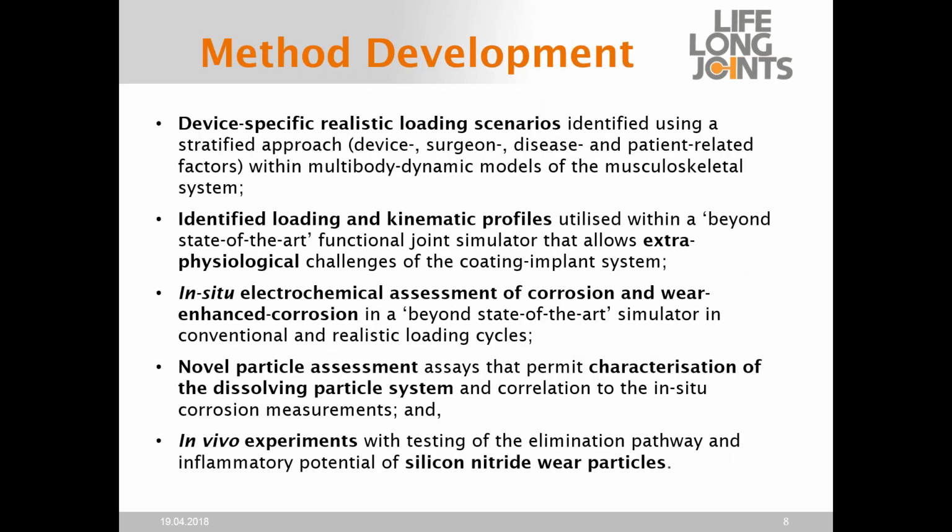So as well as being a coating development, there was also method development, and I think that's crucial for the ongoing success of this project, that we were developing methods as well as developing coatings, and some of the methods have been formulated into CEN workshop agreements, and they are available for people to utilize.